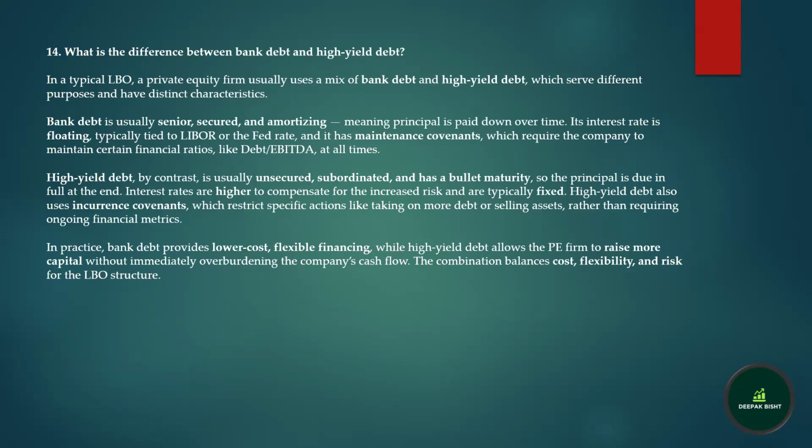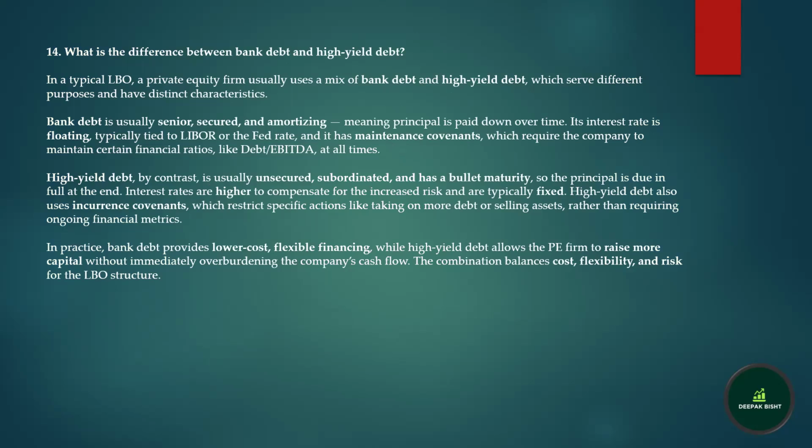If the company breaches an incurrence covenant, the debt could be accelerated, but there is less ongoing monitoring compared to a maintenance covenant because there is no underlying collateral in a high yield debt.